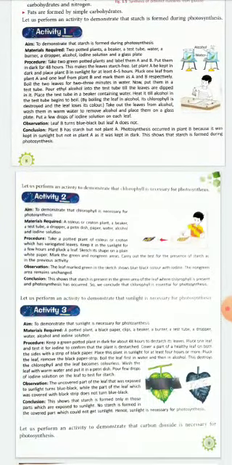There are a set of 5 activities which will show that all these conditions are necessary for photosynthesis. In activity 1, it proves that starch is being prepared in leaves during photosynthesis, and we generally do a simple iodine test. For this test, we take a plant, we pluck the leaf and we wash it properly in water and then boil it in ethanol, that is alcohol, and then again in water.